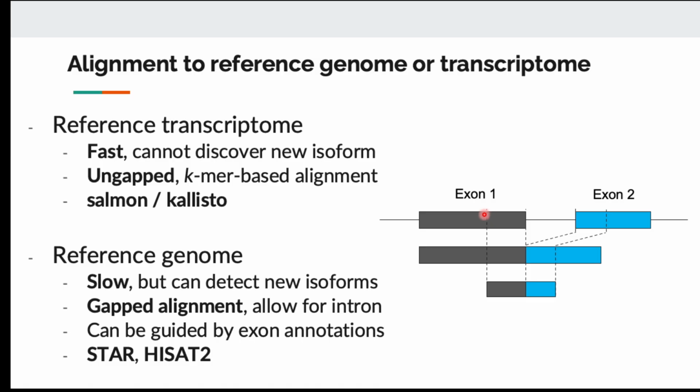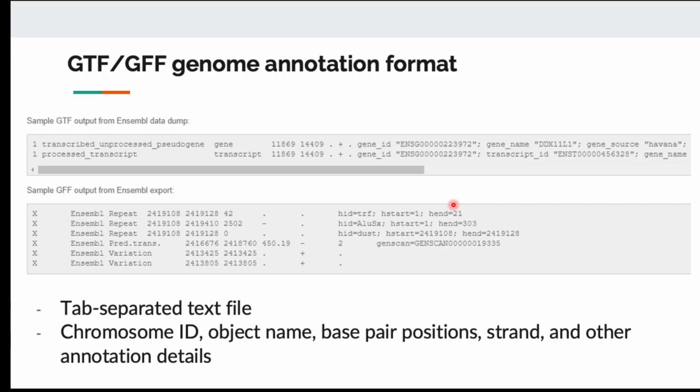So one thing that these tools will ask from you is the annotation. On your genome, where are the exons? Where are the genes? These files come in what's called a GTF or GFF format. These are again just table files.